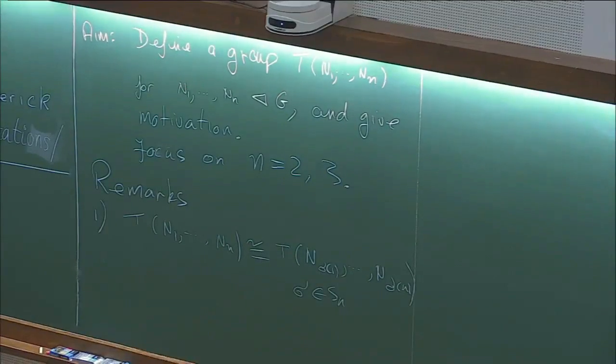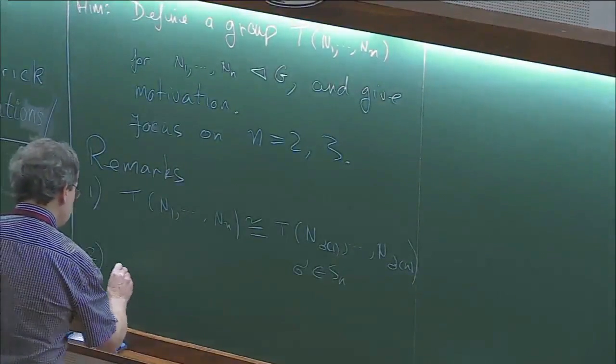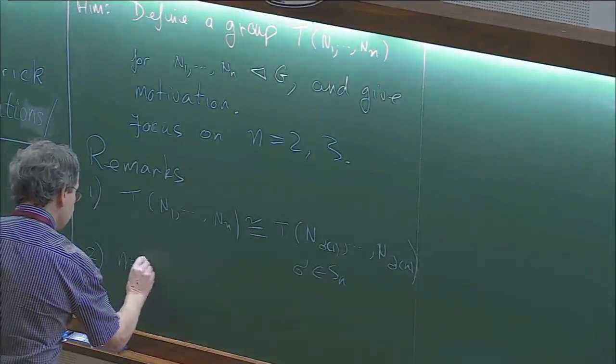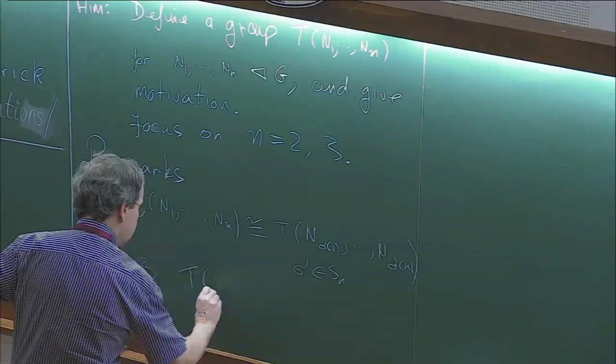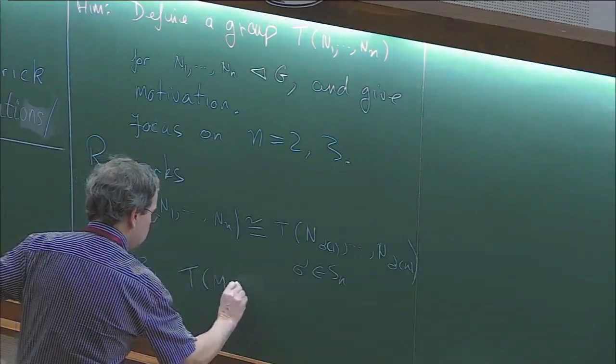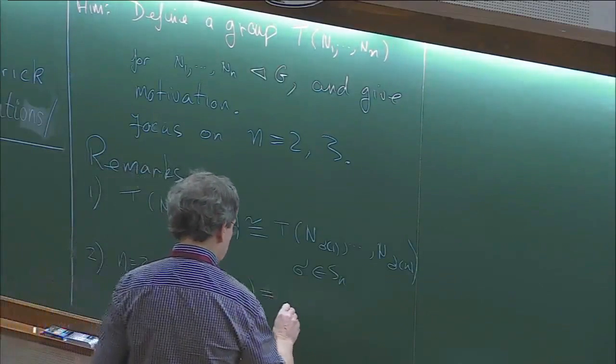And the second thing is that for n equal to 2, this construction, let's call the subgroups M and N rather than N1 and N2, is just the non-abelian tensor product of 2 groups.